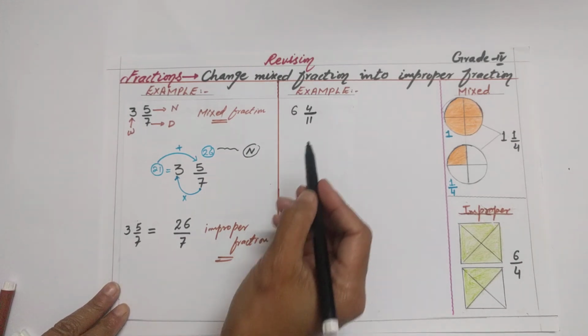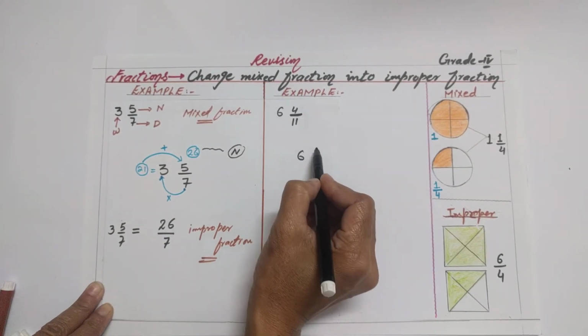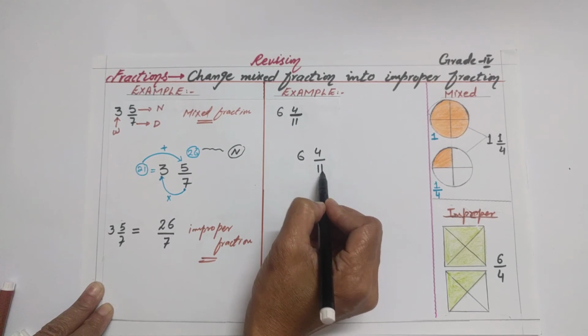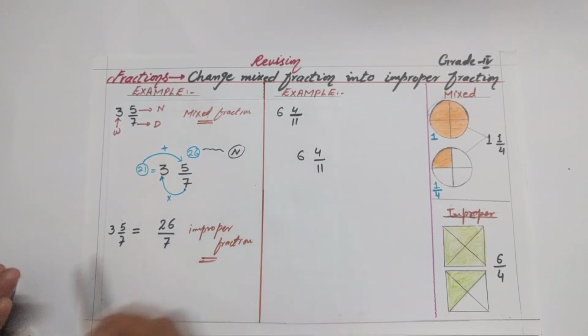6 and 4 by 11. 6 is the whole, 4 is the numerator, 11 is the denominator.